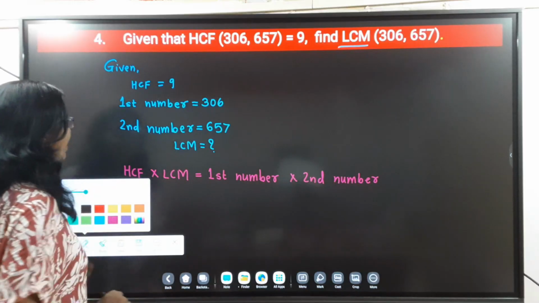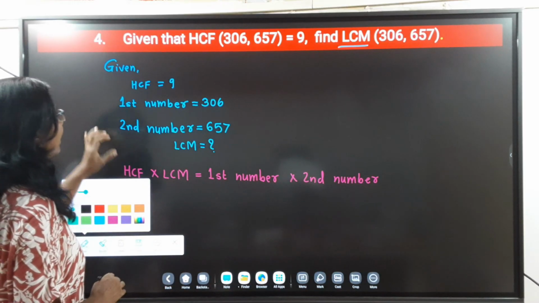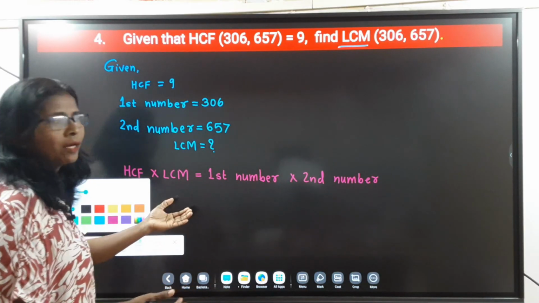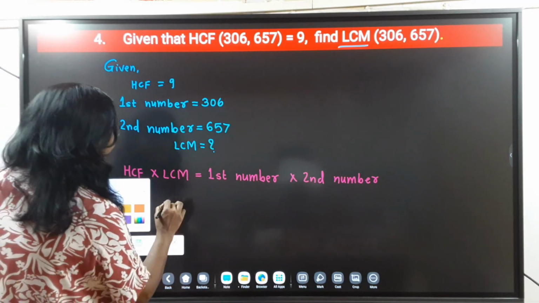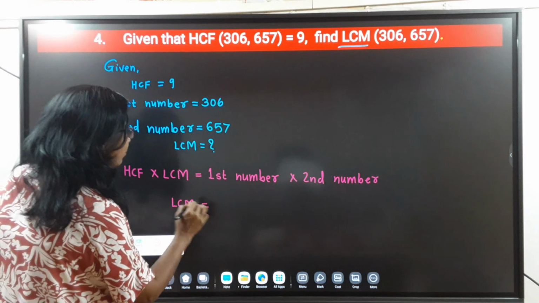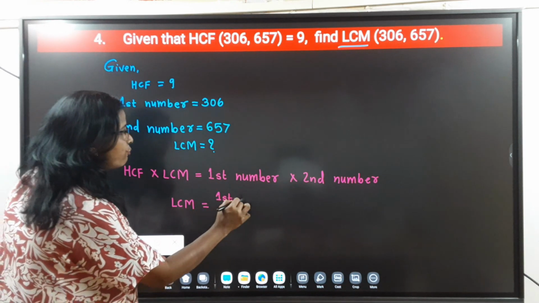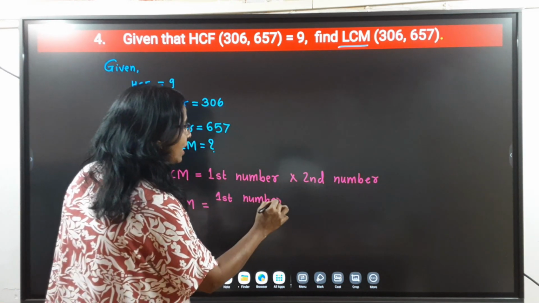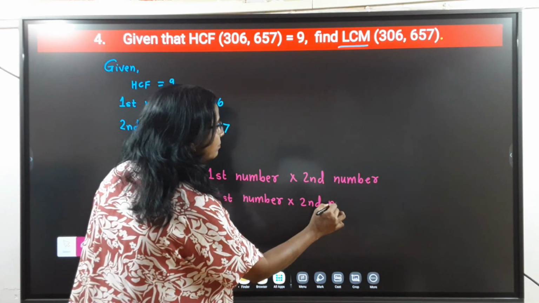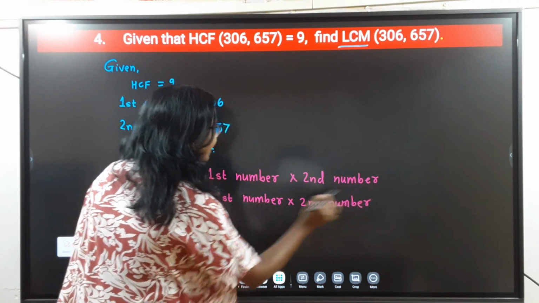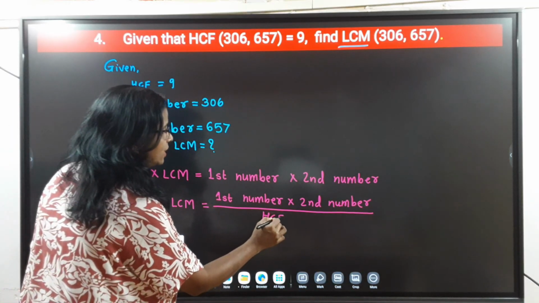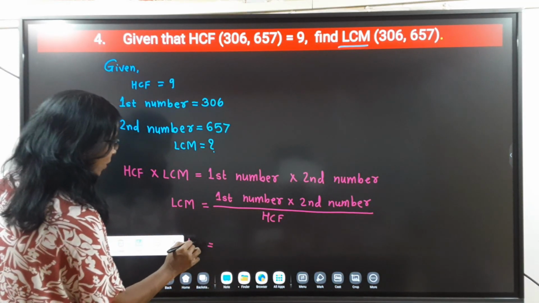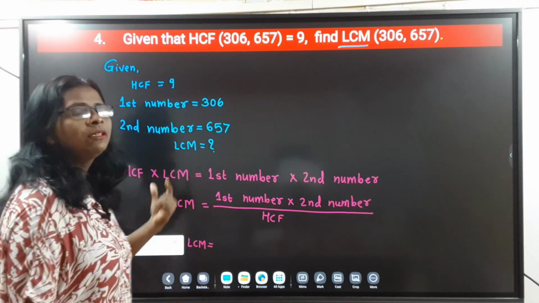We can modify this formula, because we have to calculate LCM, so LCM is equal to first number multiplied by second number divided by the HCF. Okay students, so this is the new formula. Okay, we modified the original one.